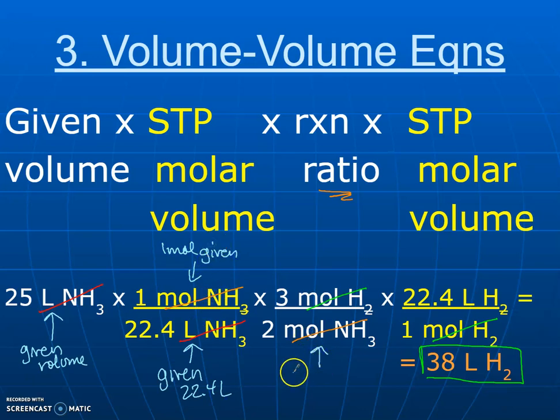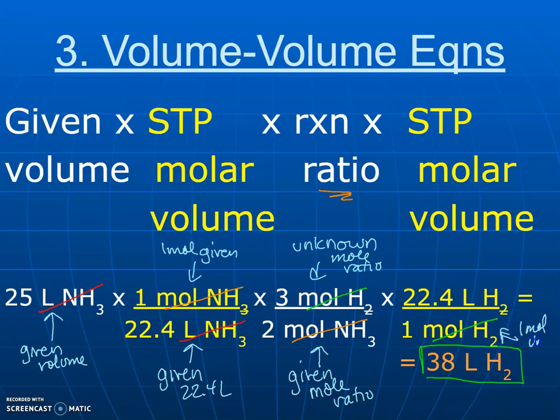In the mole ratio, you will see the given mole ratio on the bottom. You will see your unknown mole ratio up top. Now, in this last step, you always see 1 mole of your unknown on the bottom, and you will see the 22.4 liters of your unknown on top.